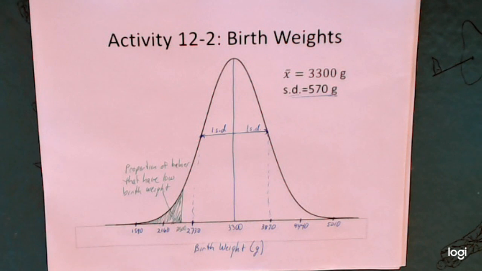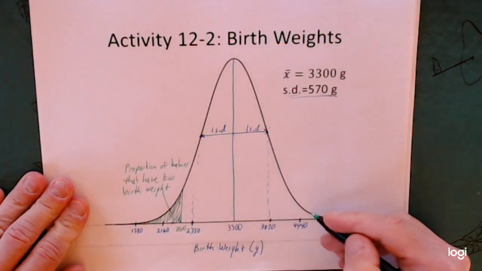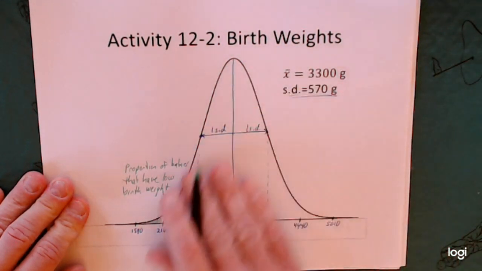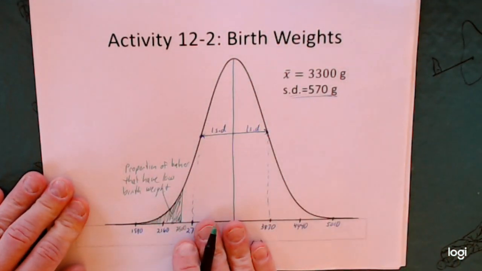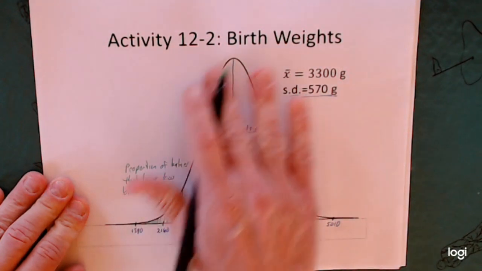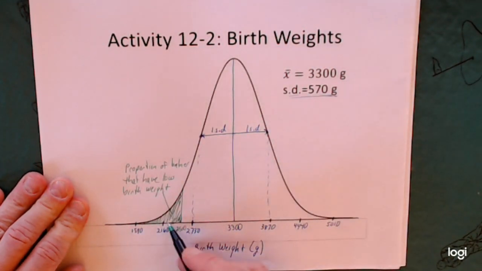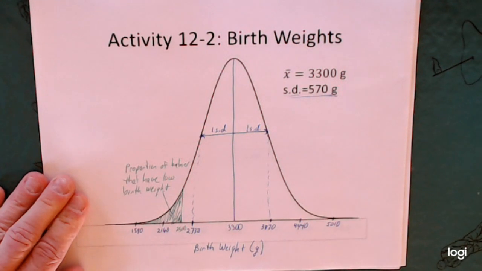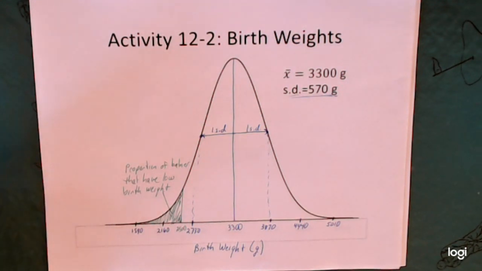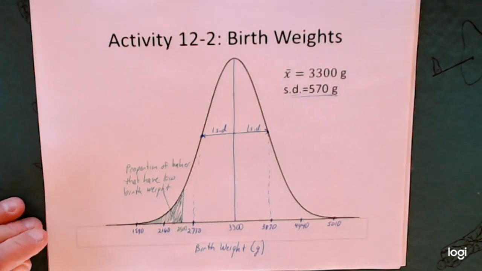It says we want to find the likelihood that a randomly chosen baby has low birth weight. Just looking at the picture, 100% of the observations correspond to all the area under the whole standard normal curve, and this is the proportion corresponding to low birth weight babies. So you can expect that that proportion is going to be fairly low.